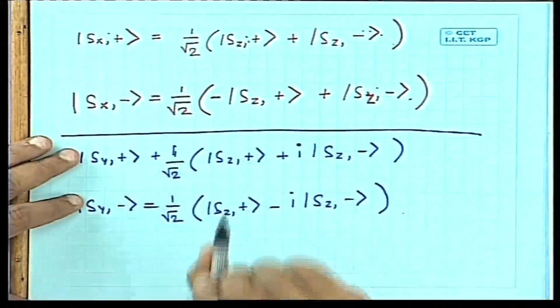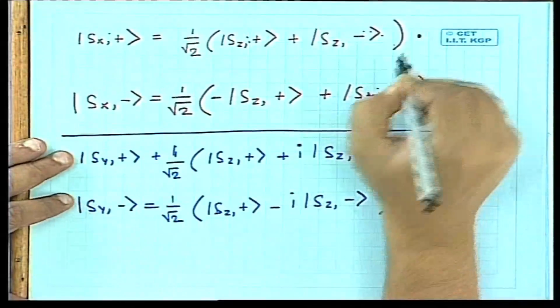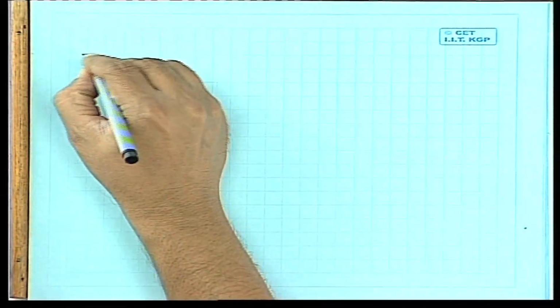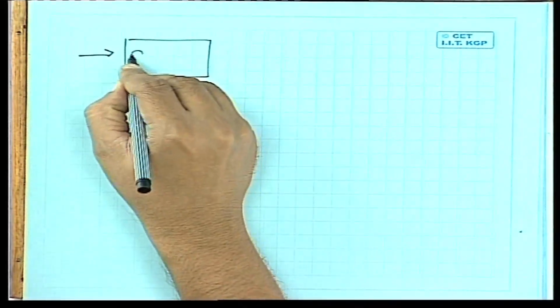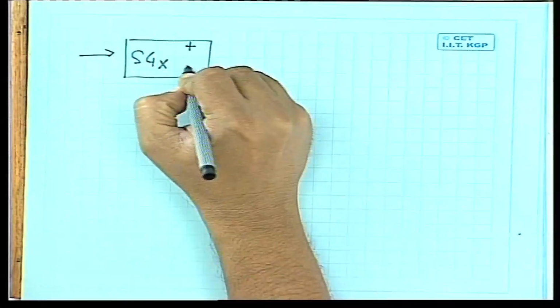Now suppose I ask you a question. I give you this state, that the particle is in this state. I have made a Stern-Gerlach experiment. Let me discuss this in a little detail. Suppose I send an unpolarized silver atom through a Stern-Gerlach apparatus along the x-axis, and I will get plus and minus.